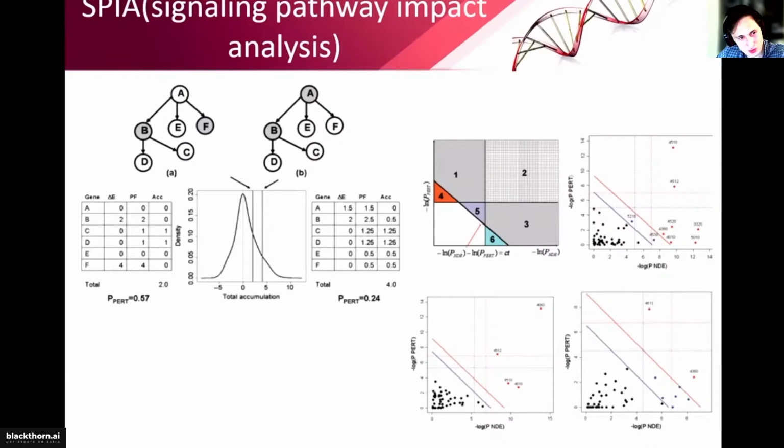Even though for A gene we have a 1.5 fold change, and for F gene we have a 4 fold change, overall perturbation is higher in the left case. Significance will be higher in the right case, because we have a bigger amount of accumulated perturbation in our pathway, and that's why it's quite a sensitive thing.